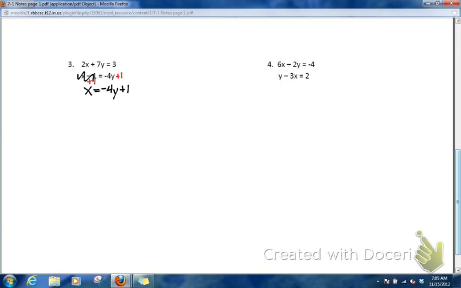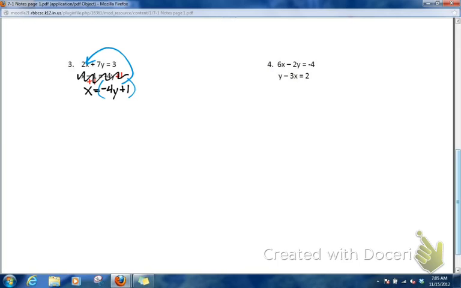So I'm going to go ahead and mark this equation out because I've changed my second equation into this, x equals negative 4y plus 1. I'm then going to put what x is equal to, the negative 4y plus 1, and plug that into my other equation in place of x.